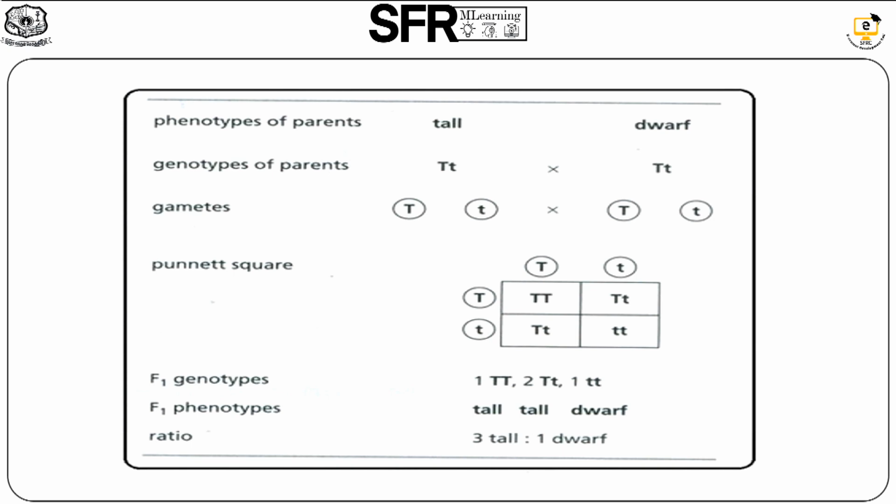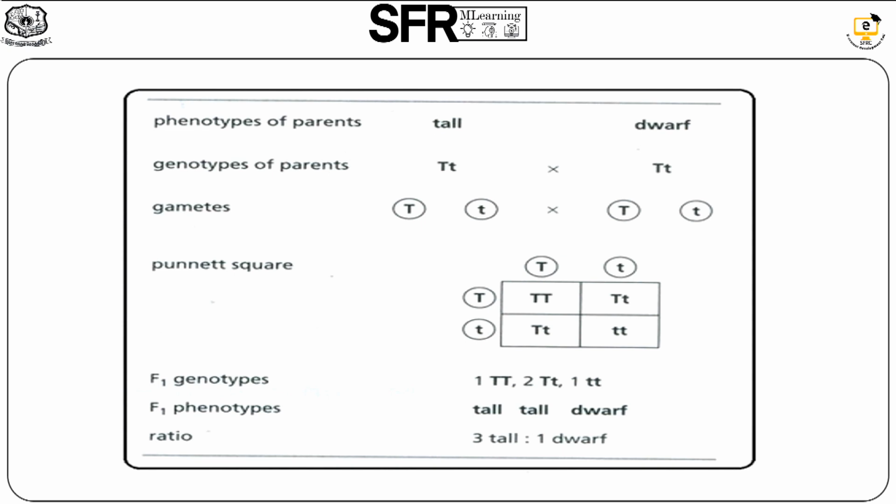First you choose the parent characters, tall and dwarf. In the first generation you get the F1 generation gametes, and all the gametes are tall characters. Next we wait for the further generation, the F2.